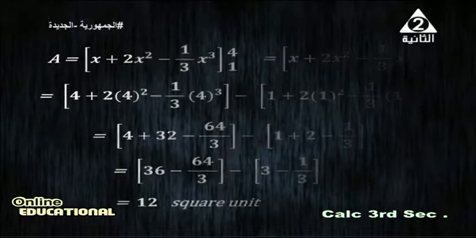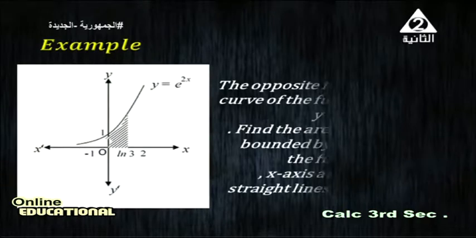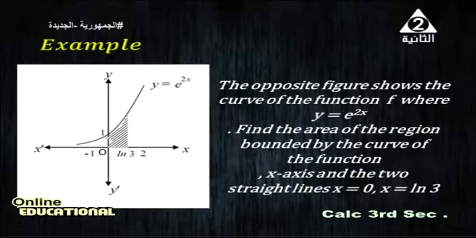Another example. The opposite figure shows the curve of the function f where y equals e to the power 2x. Find the area of the region bounded by the curve of the function, the x-axis and the two straight lines x equals 0 and x equals ln 3.